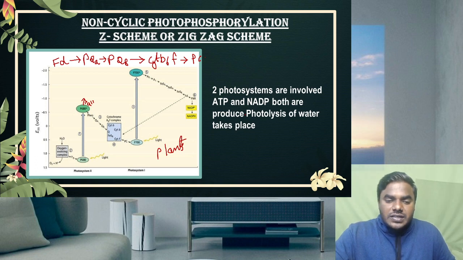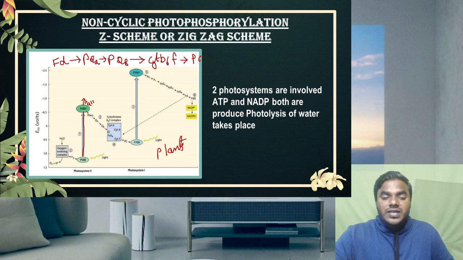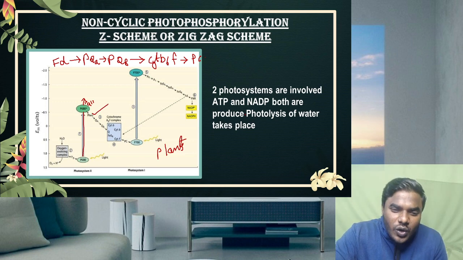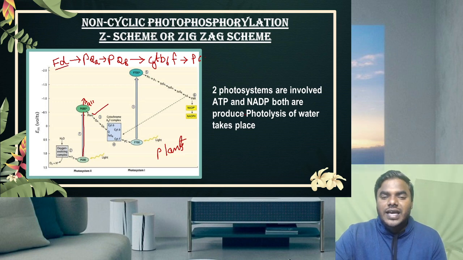Now you try to understand the point very clearly, friends. See, first all the antenna pigments absorb the light and send the energy to the reaction center. The reaction center gets excited. The excited reaction center gives the electron. Now who is going to accept the electron? The first electron acceptor is pheophytin. Here in the cyclic, what was it? Ferredoxin. Here, pheophytin.